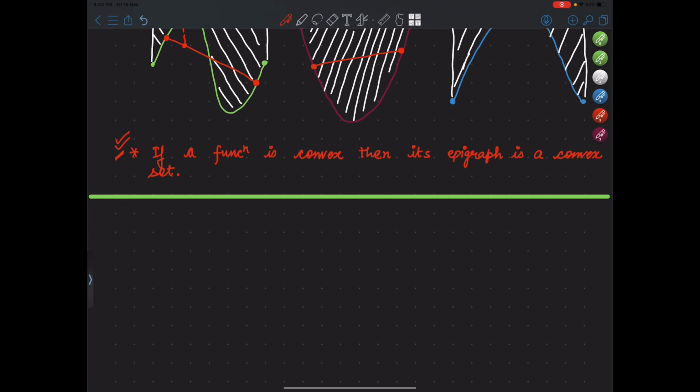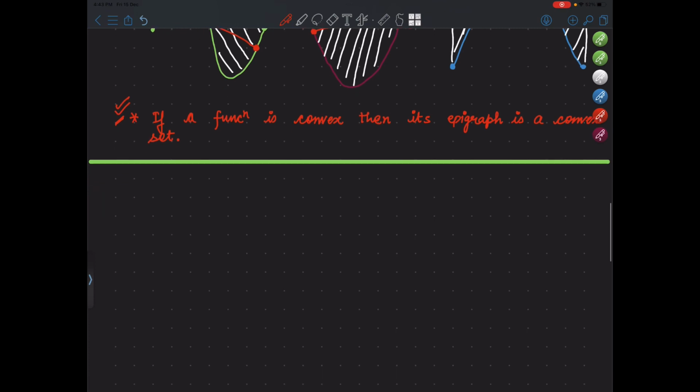So let's write our first theorem of the day. I'll first state the theorem, then I'll try to explain it, and then we'll prove it.